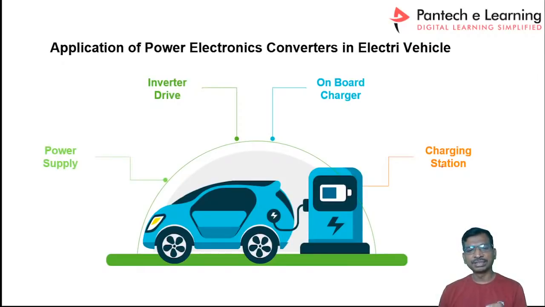Similarly, the power supplies, because the modern electric vehicle has a lot of electronic gadgets like infotainment, cruise control, power windows, sliding doors, seats and dashboards, everything needs additional systems. For that we need various power supplies. So generally these are the major four areas where we are using power converters, right?